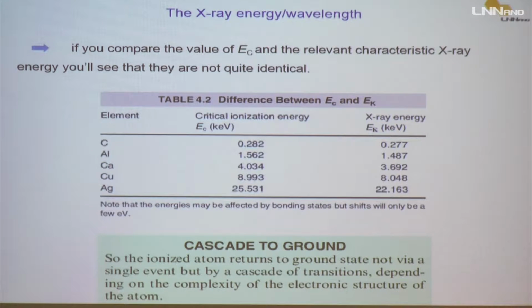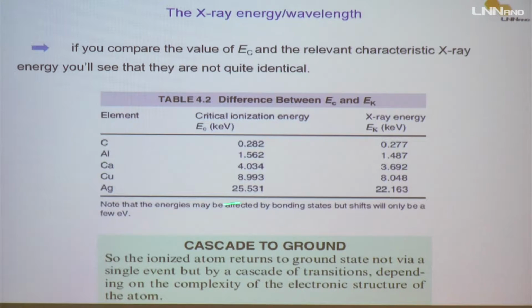This is why, for the relaxation of the ionized atom, we have the cascade to the ground state. The atom returns to the ground state not via a single event, but a cascade of transitions that will depend on the complexity of the electronic structure.